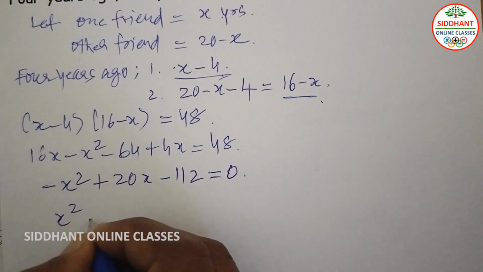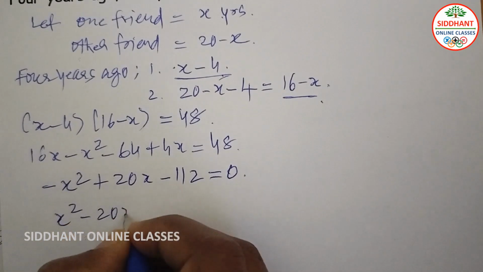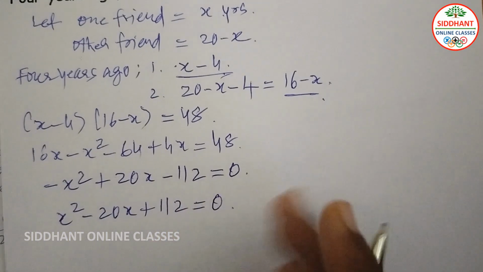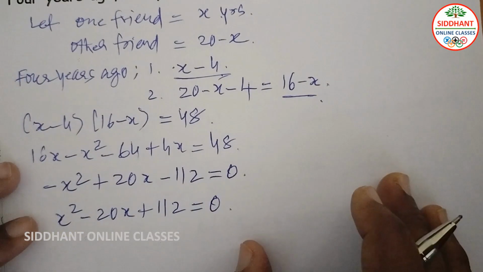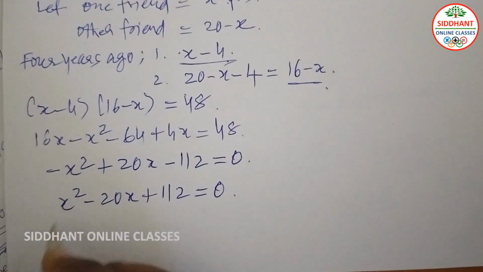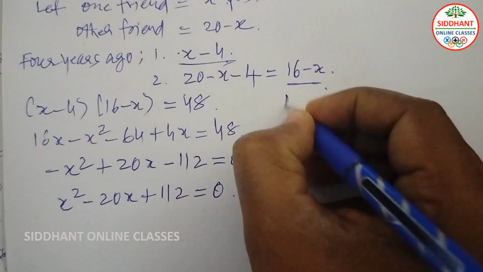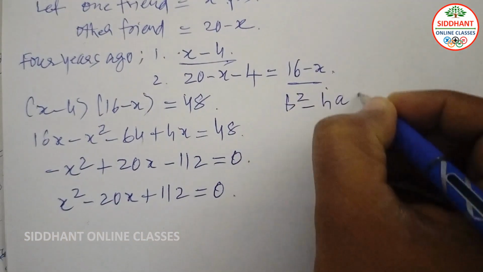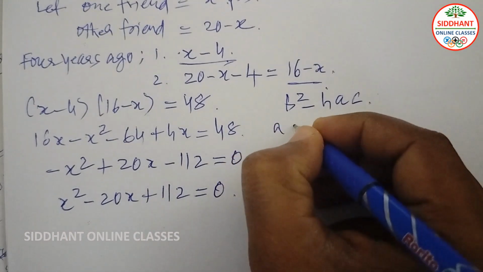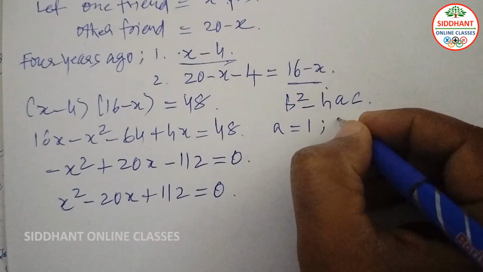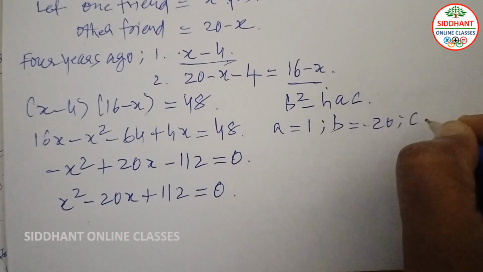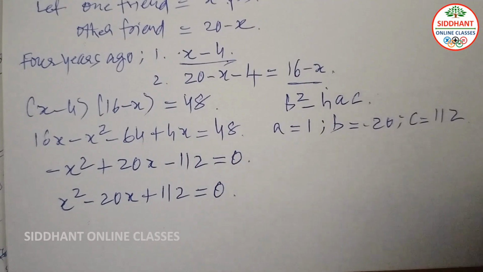So x square minus 20x plus 112 equal to 0. Now finding the discriminant here, b square minus 4ac, here a equal to 1, b equal to minus 20, c equal to 112.